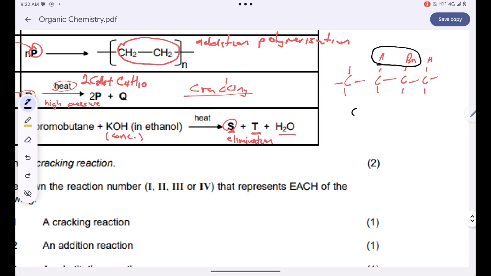And then compound S will just be like this. It will be but-2-ene. That will be compound S. Let me write the IUPAC name. That's but-2-ene.